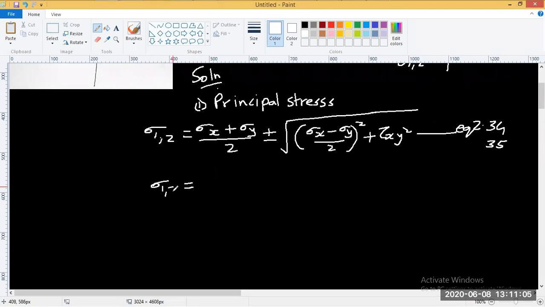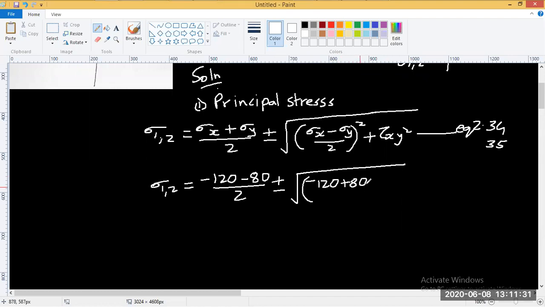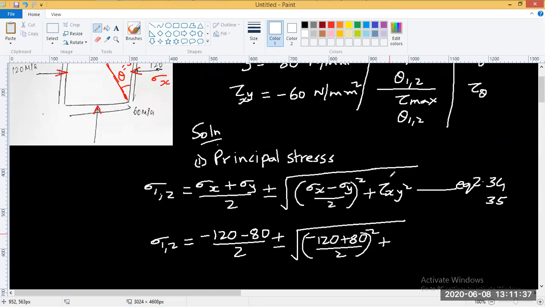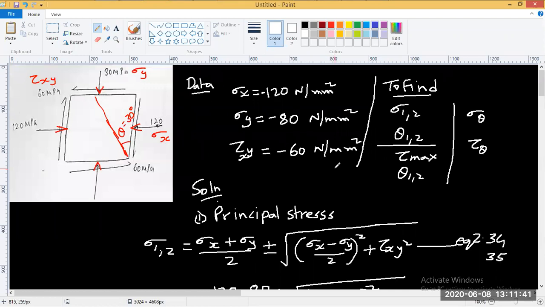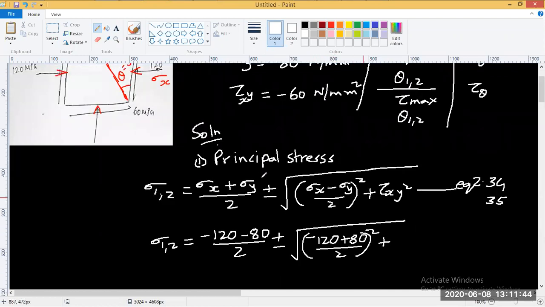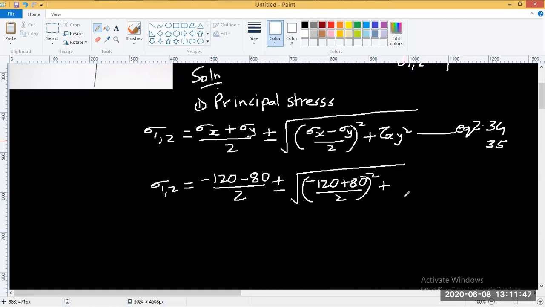Sigma 1 comma 2 is minus x minus 120, minus 120 minus, again y is 80, by 2 plus or minus, you have under the root minus 120 plus 80 by 2 the whole square plus... So sigma y is also negative, right? Yes, it is negative, you are right.